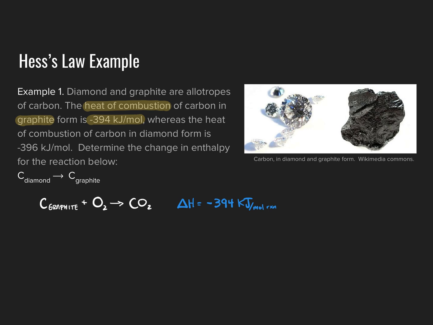So I've now written a reaction for which I could actually measure the enthalpy change directly using calorimetry because combustion is a fast process. Now, likewise, I could also write a combustion reaction describing what would happen when you burn diamond. Now, you may be thinking to yourself that diamonds clearly don't burn, but that's just because you haven't made them want to burn.